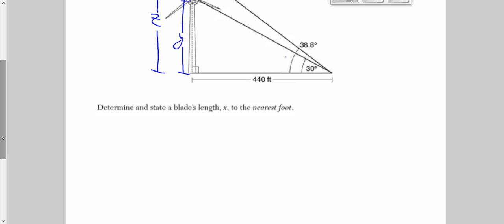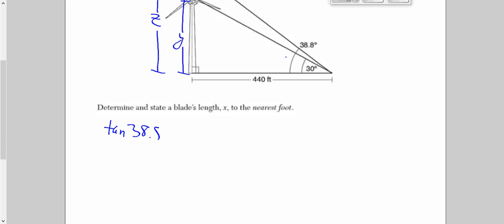So with 38.8, we've got opposite and adjacent. The trig function is that right? If by sine you mean tangent, you're right on the money. Did you use sine? You said you got 100? No, she got 178. Oh, well all right, we found the issue.